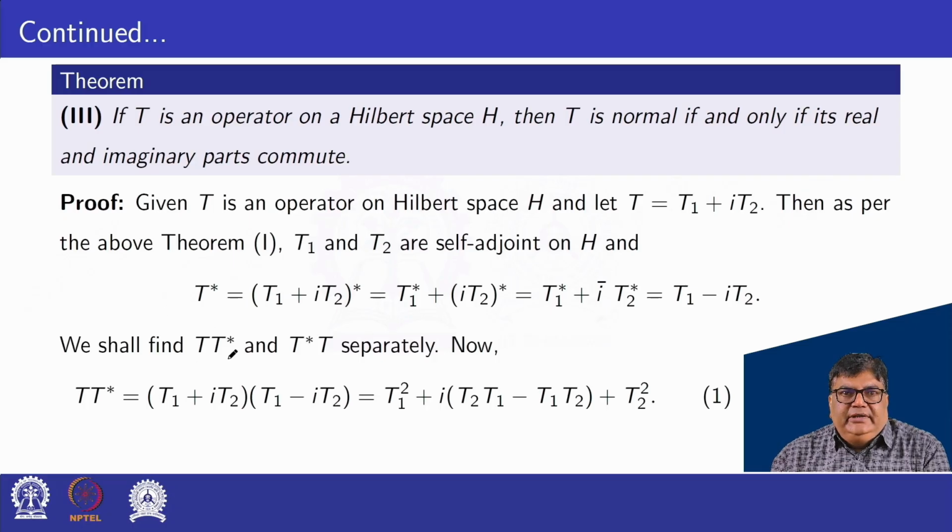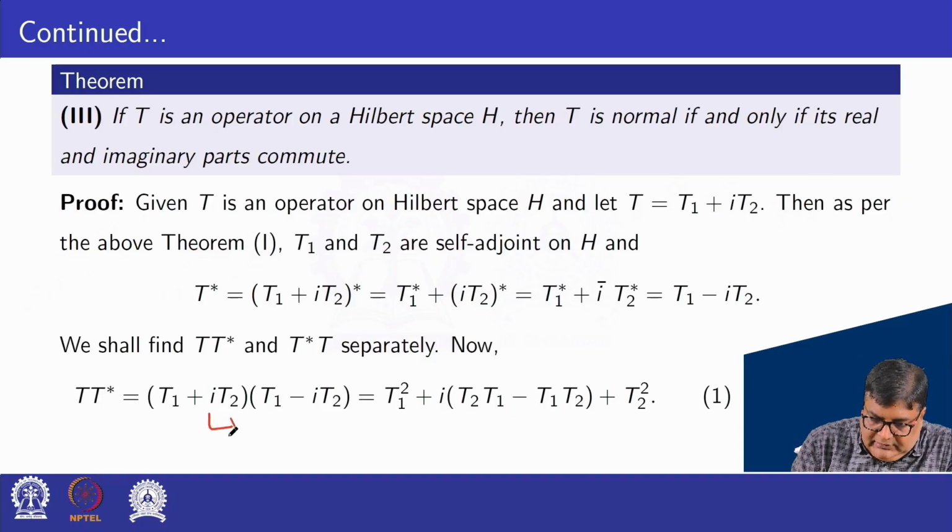So we shall find T T star and T star T separately. Now T T star, that is T1 plus i T2 into T1 minus i T2. Operating this, we have T1 square plus i T1 T2 plus i T2 T1 minus i square T2 T2, that is T1 square plus i common, T2 T1 minus T1 T2, plus T2 square.